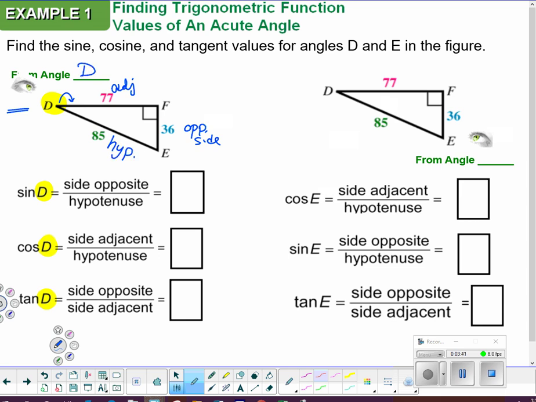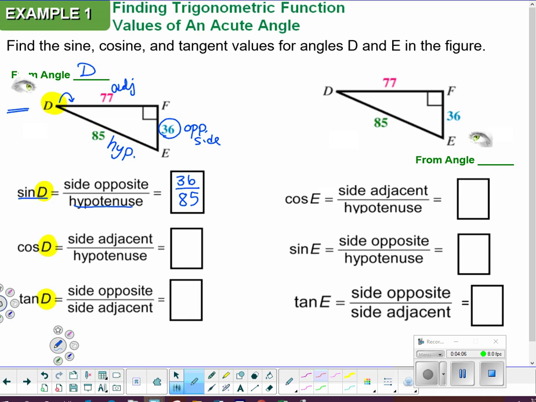We are taking this from angle D. So now if I want to describe the ratio for sine of angle D, the side opposite has a value of 36. The hypotenuse has 85. And I don't believe that will simplify, so we'll just leave it 36/85. Go to cosine D. Take a guess. What do you think it will be?